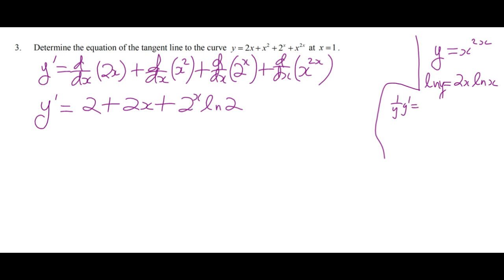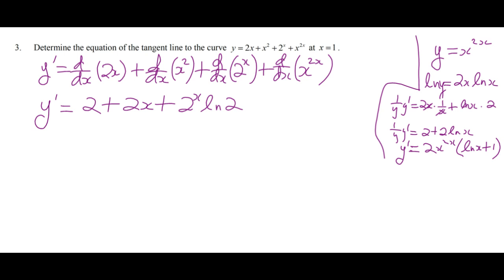So those cancel, we've got 2 plus 2 ln x. y prime is equal to x to the 2x times, well, let's pull the 2 out as well. So let's say it's equal to 2, common factor, y, x to the 2x, times, let's write it as ln x plus 1. Okay, or 1 plus ln x, it doesn't matter.